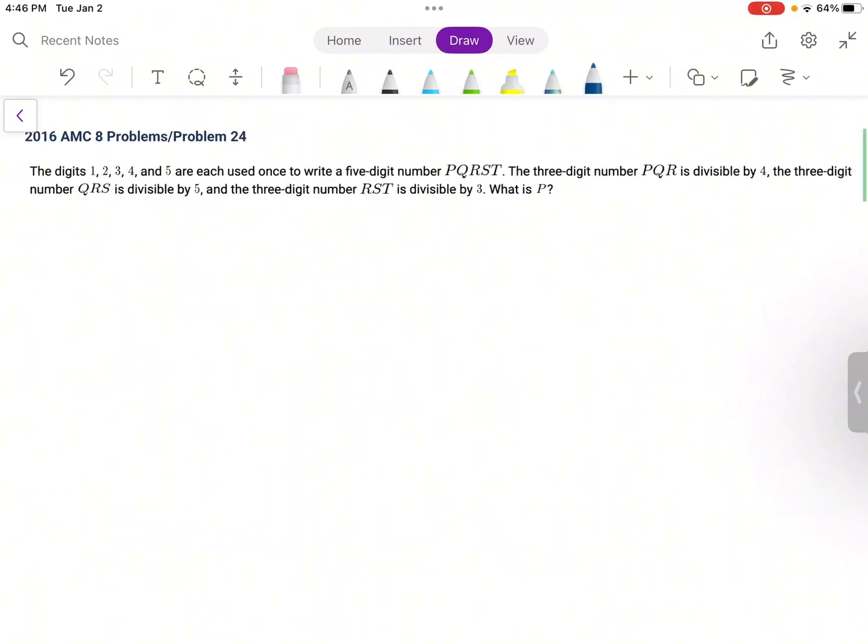Problem 24. To solve this problem, the key is to identify that because the 3-digit number QRS is divisible by 5, S has to be 0 or 5. Because the digits only go from 1 to 5, that means S is 5.